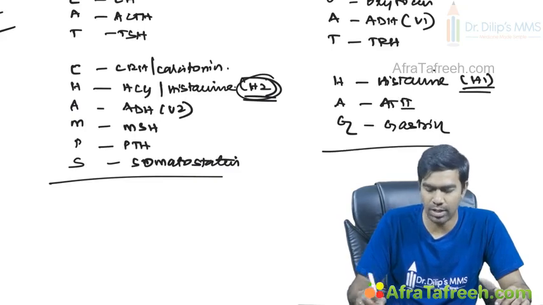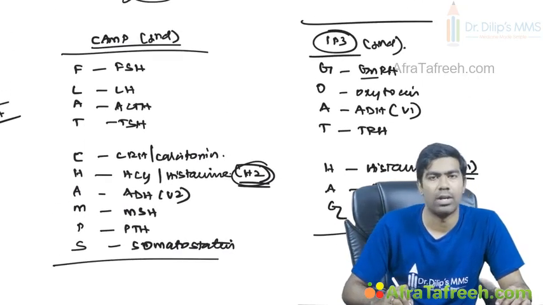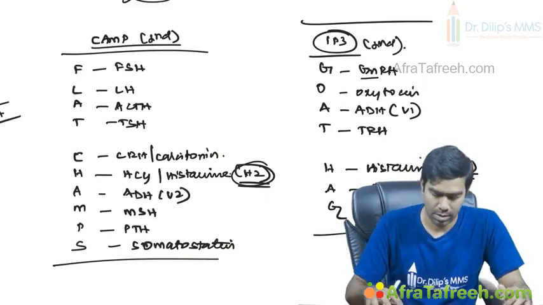So these are the hormones that act through IP3 pathway, that is Gq receptor.